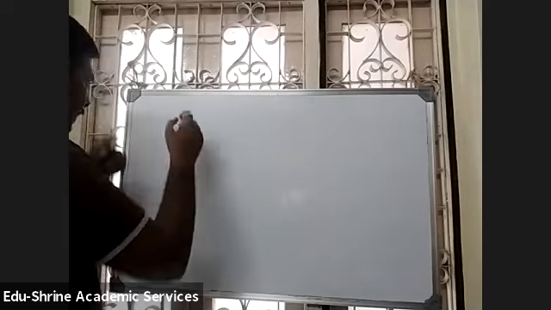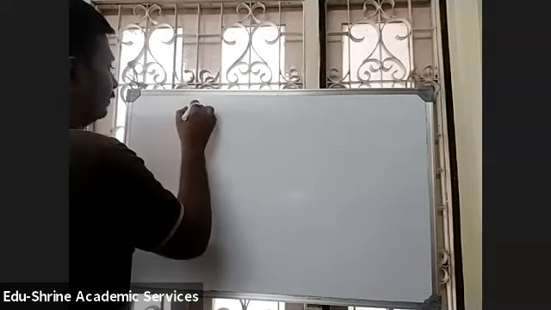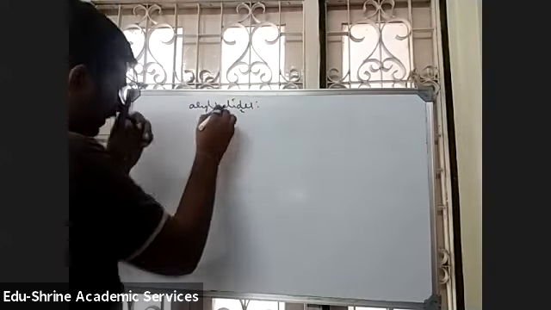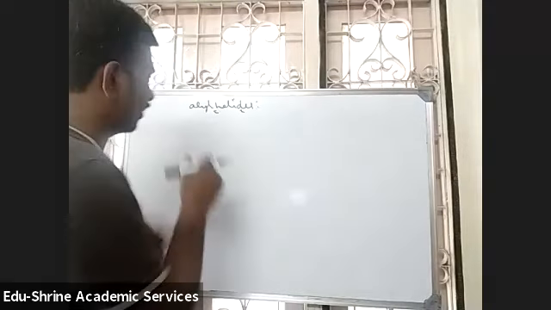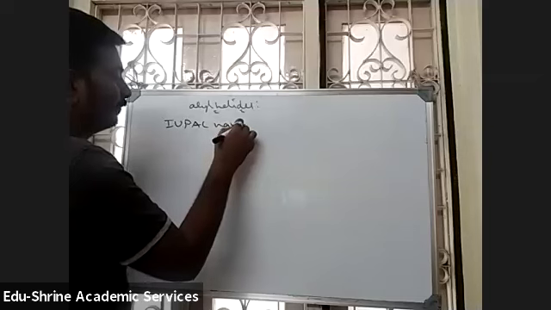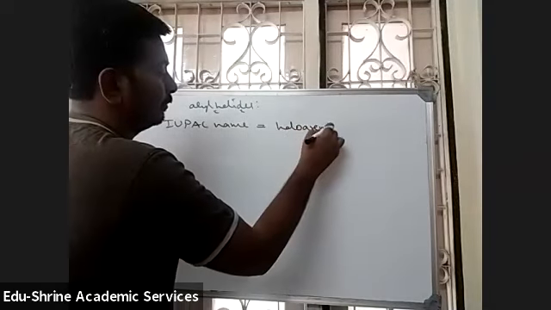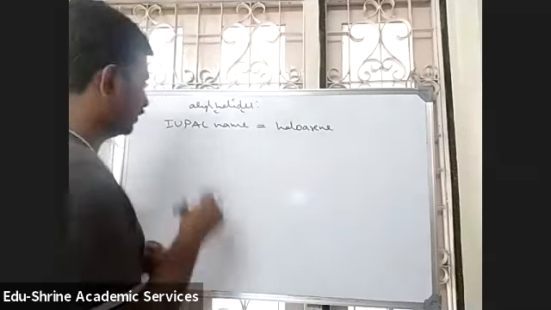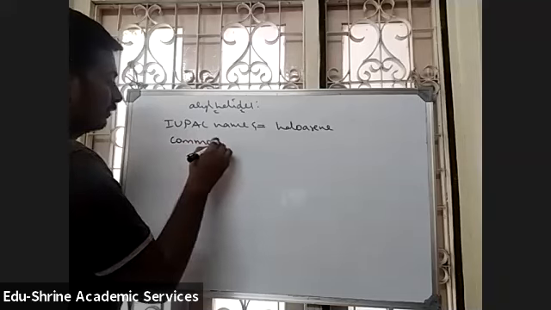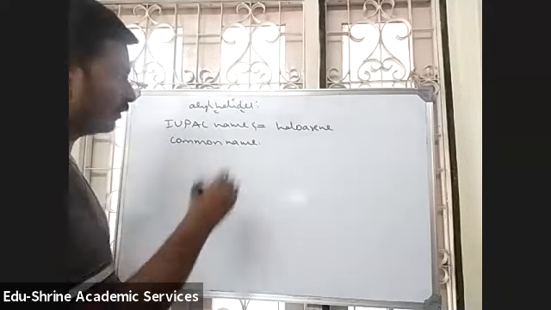Next one is the nomenclature of haloarenes or aryl halides. The IUPAC name of aryl halides is haloarene, and the common name is also haloarene.